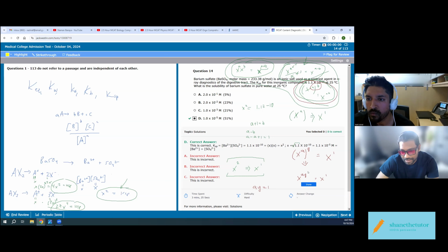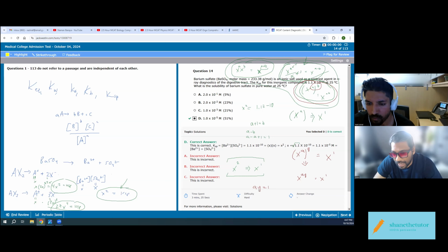If we take x to the a power and take that entire thing to the y power, that translates into x to the a times y power, and we want it to equal x to the first power. So that could just be then a times y is equal to 1, right?